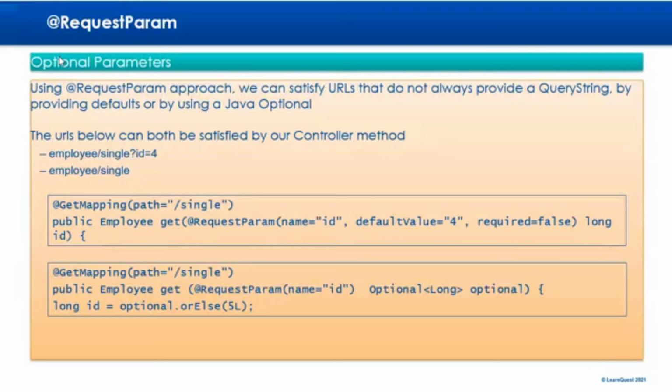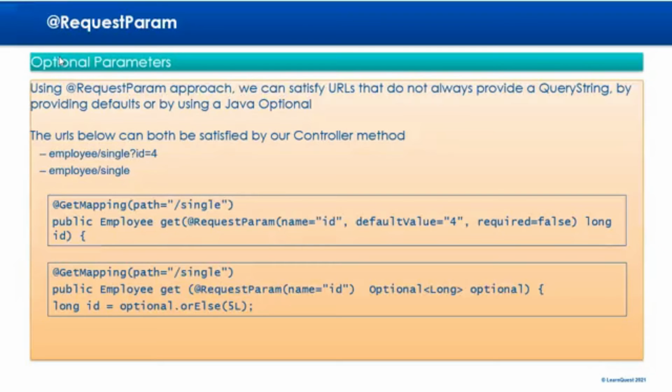But with request params, they don't always have to be present. So here you see in the first code snippet a default value if you don't find that request parameter. And secondly, you're saying, well, we'll accept it if you don't find it. It's not always required. This is an old way of doing it.